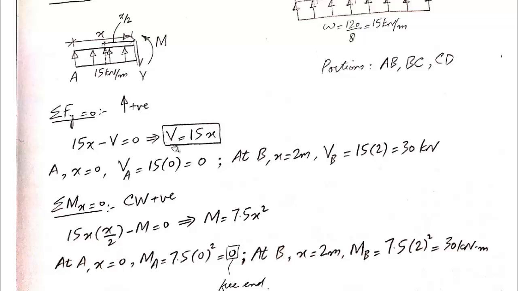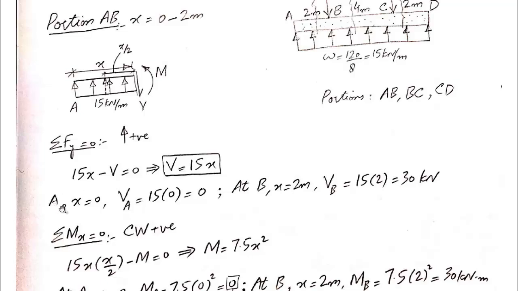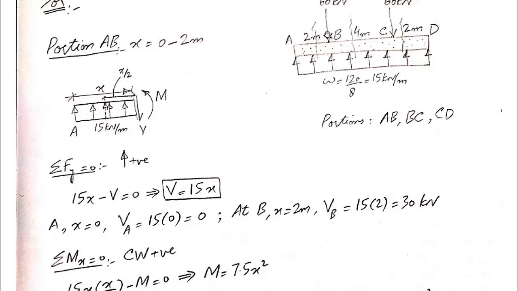So for both the terminal points, starting and ending point of this portion, we will calculate the value of shear. At point A, X is equal to 0 because X is starting at A, and VA will be equal to 15 times 0 equal to 0. And at B, X is equal to 2 meters. B is the end point of this section here.